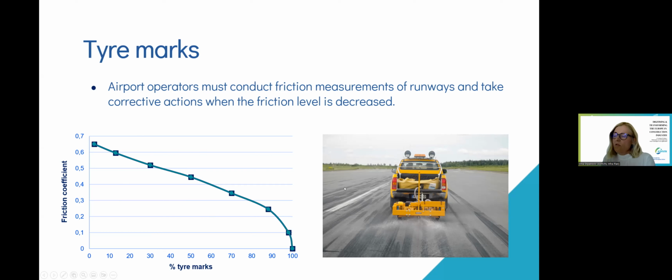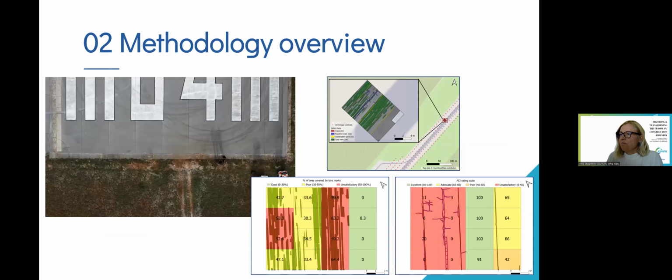And in that sense, of course, we will populate this correlation as we get more data. But the idea is that with the image processing we can determine the moment when the friction will be decreased and potentially present a hazard risk. And we have to, of course, remove the rubber layers from the surface.